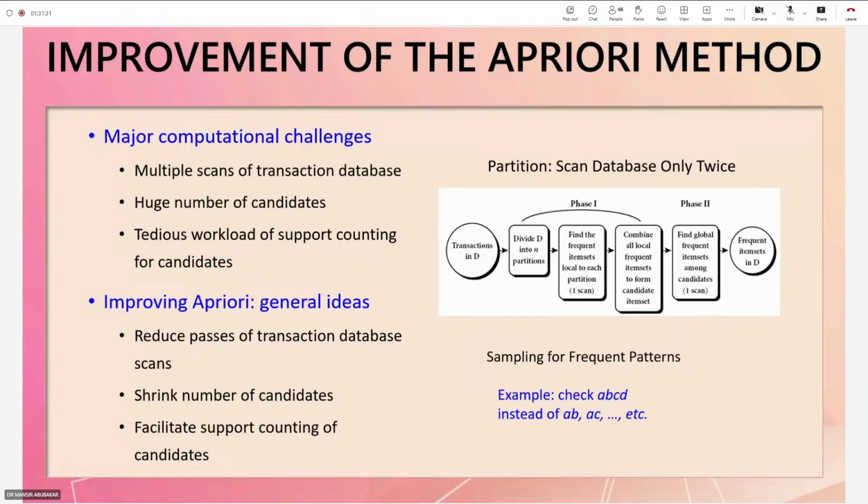Now instead of checking A, B, A, C, etc., it will just check A, B, C, D as a whole, instead of checking A and B, B and C, because this is a different kind of generation from the previous algorithm. So FP-growth will just check A, B, C, D in the data set.